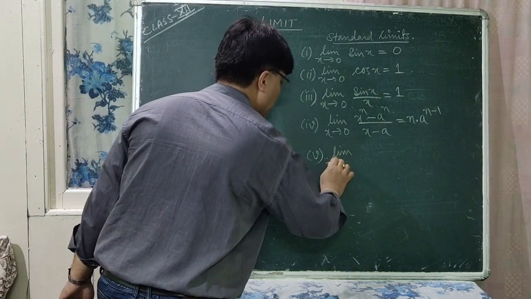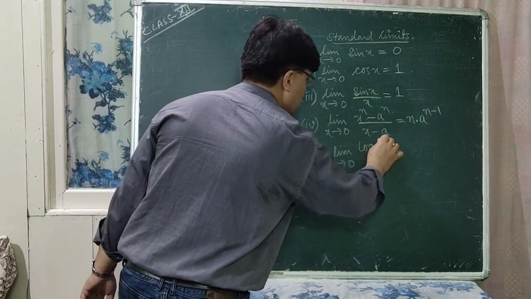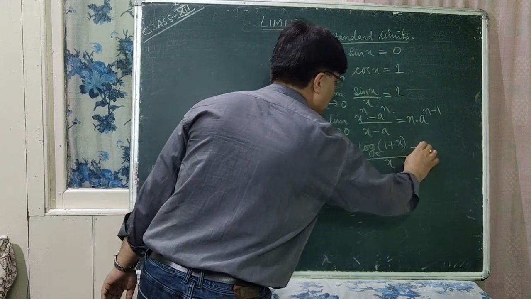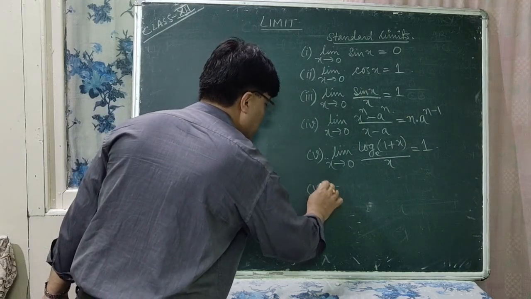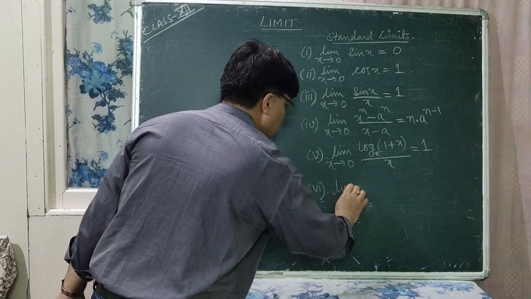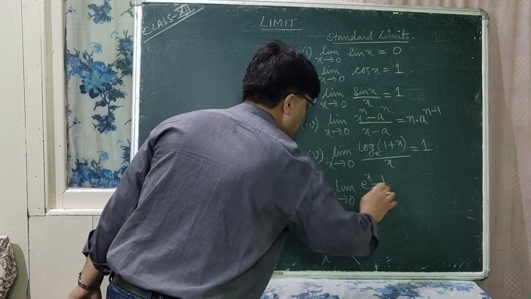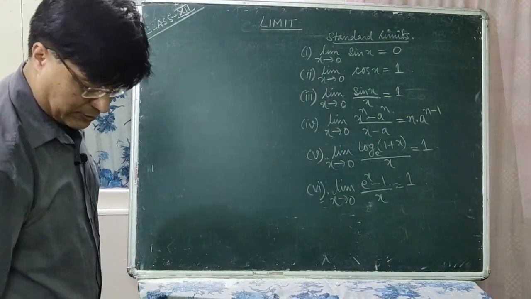limit x tends to 0, log of 1 plus x base e divided by x, which is equal to 1. Number 6 is limit x tends to 0 e to the power x minus 1 divided by x, which is equal to 1, right?